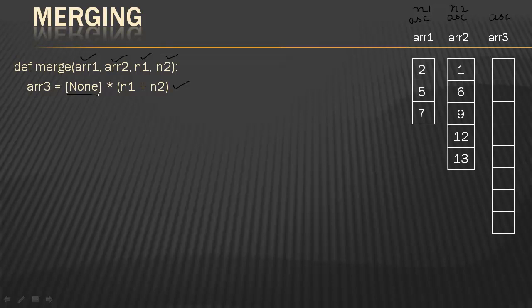Similarly, I have None in the list and I'm multiplying it by the number of elements in array 1 as well as array 2. So here you have 1, 2, 3, 4, 5, 6, 7, 8. So None is multiplied by 8. Basically, you're creating an array of size 8 with no specific elements stored in it.